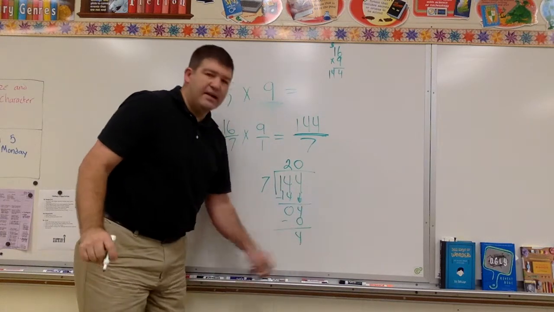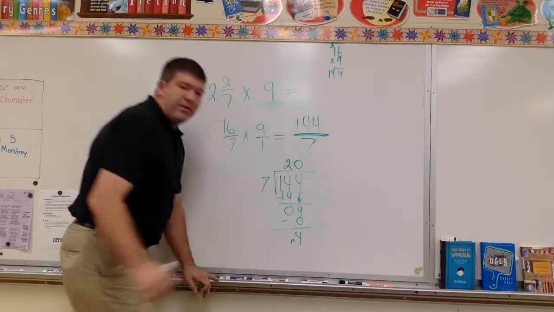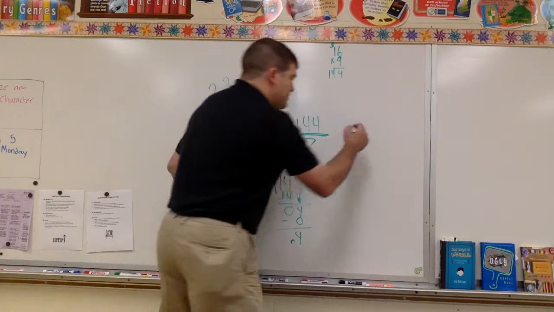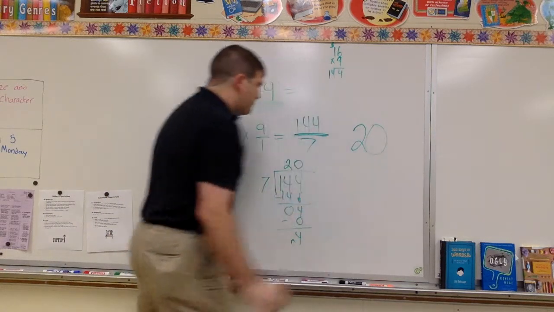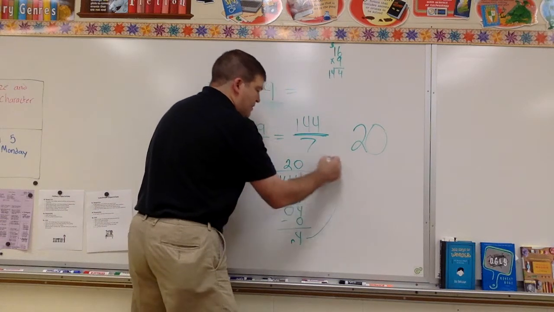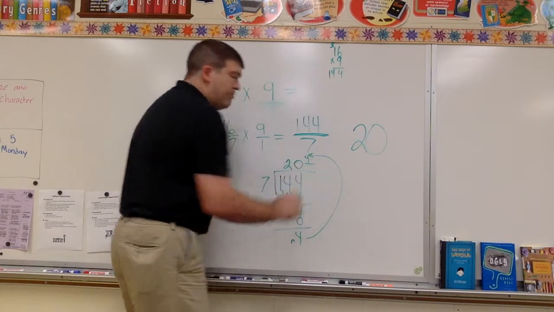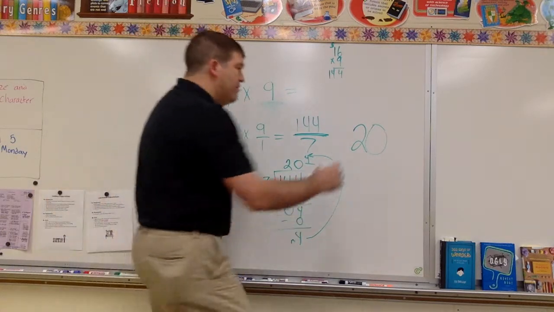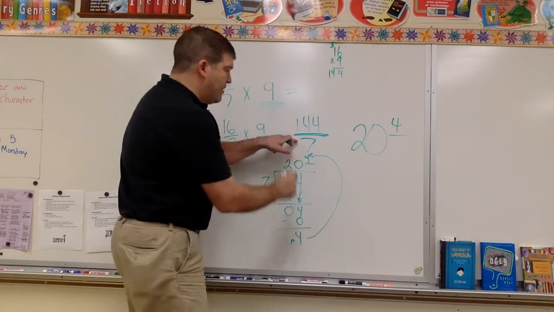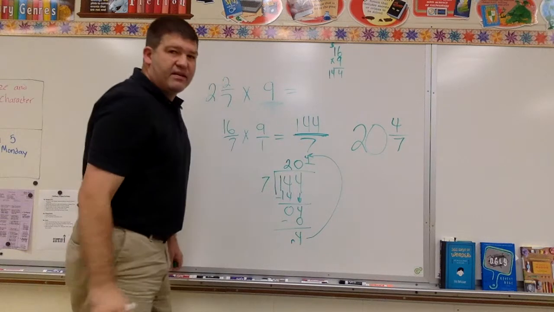There's no numbers to bring down. This right here is my remainder. Okay? I have 20 wholes. And then this 4 comes up here. I want a fraction. The 4, the remainder, goes on top. What I have left goes on top. And I go back to the original, started with 7, it ends with 7.